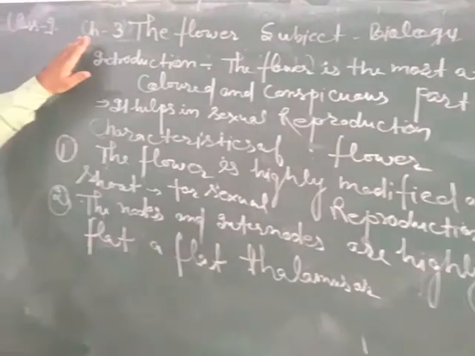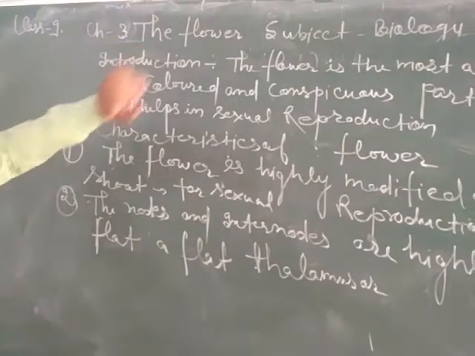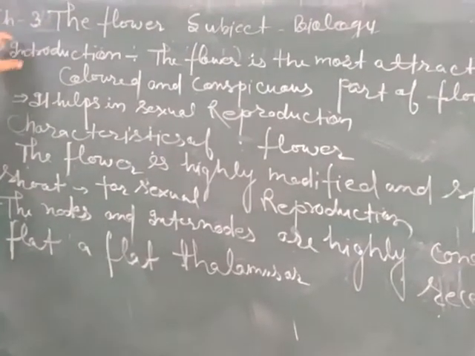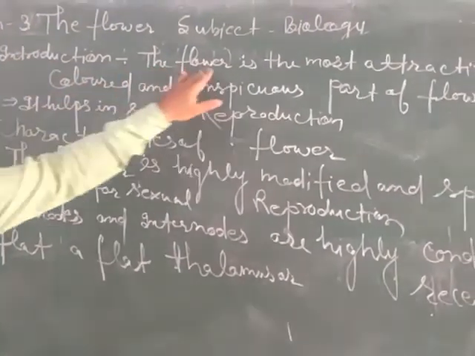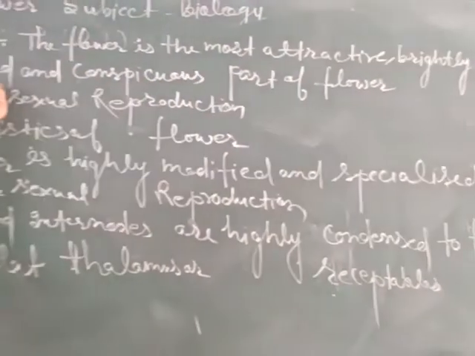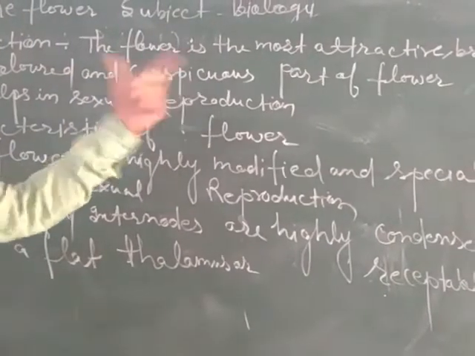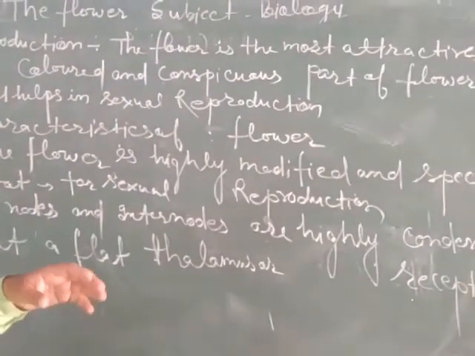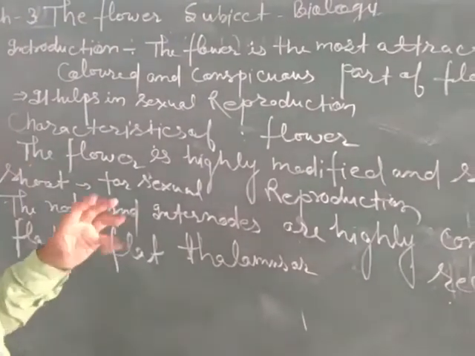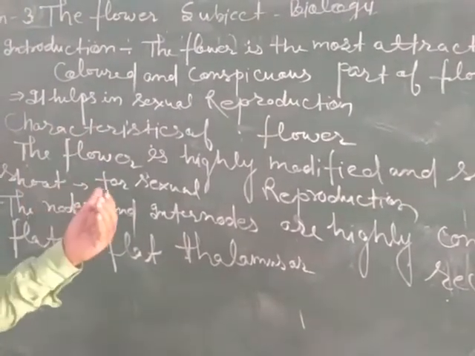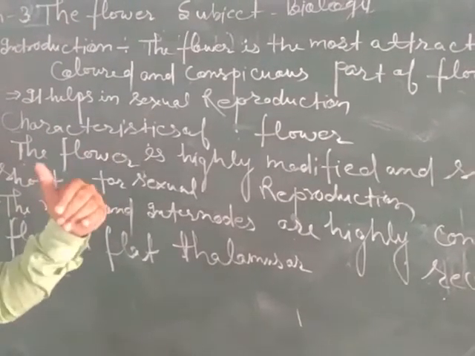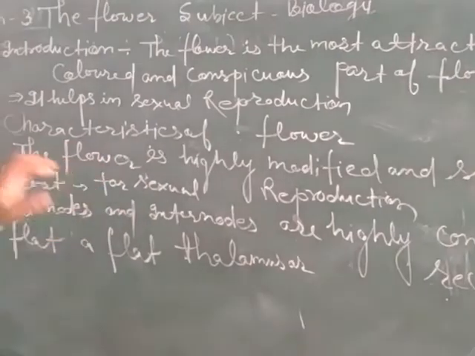Going to discuss chapter 3, that is flower. What do you mean by the term flower? We will discuss with an introduction. The flower is the most attractive, brightly colored and conspicuous part of a plant. It is of different colors and brightly colored, so it attracts insects for the pollination process.